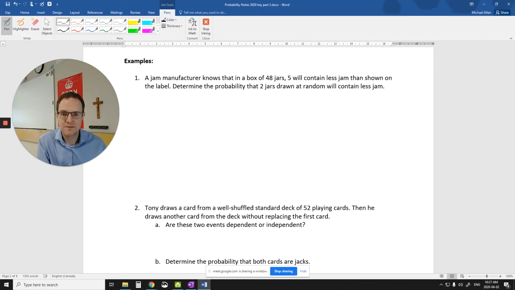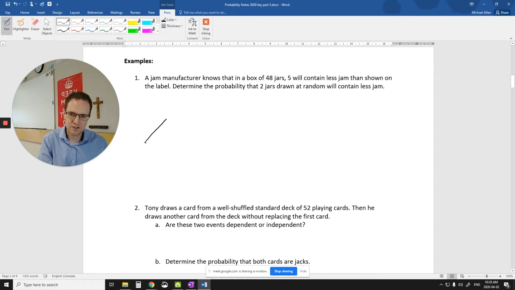Determine the probability that if you draw 2 jars out at random, they will both contain less jam. When you think about this, rather than grabbing 2 at one time, just grab one and then grab another. So I'm just going to draw it as a tree.